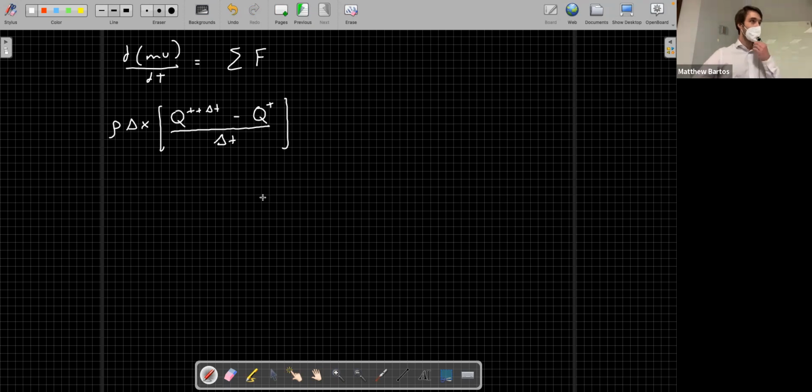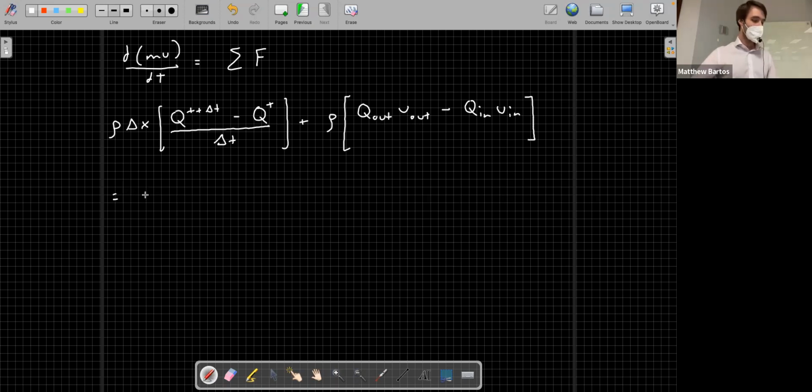Okay, so that's the rate of change of momentum within the control volume plus the density times Q coming out of the control volume times the velocity coming out of the control volume minus Q coming into the control volume times U coming into the control volume. Okay, and we're going to set this equal to our forces from earlier.